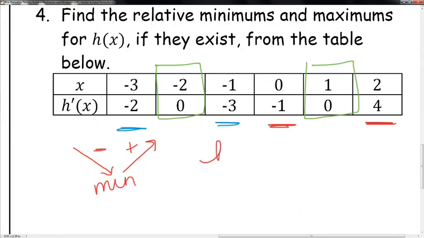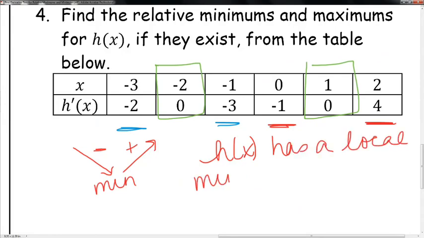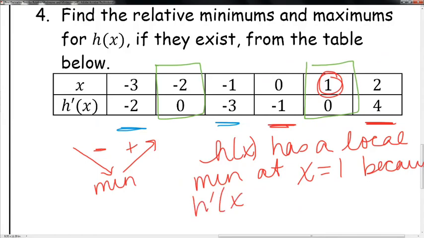And so h of x has a local min at x is equal to 1. Again, here's your x value. X value is on the top because h prime is negative, or less than 0, and then is greater than 0.